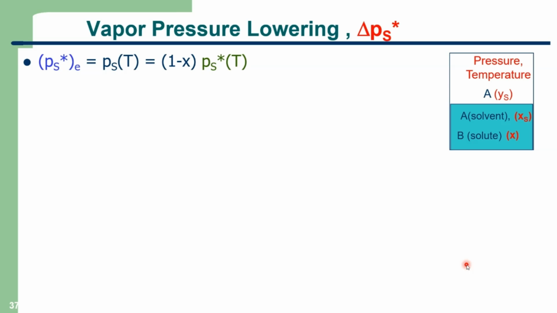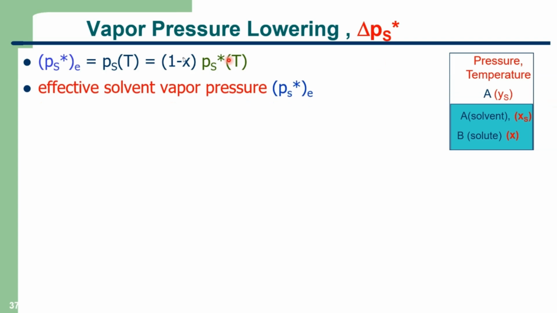Right, so let's now think about what the vapor pressure will be if I put sugar into the solvent. That's what we call vapor pressure lowering, delta PS. So what's the degree of lowering? Let's say this is the effective solvent vapor pressure, and it's always less than the vapor pressure of the pure solvent.